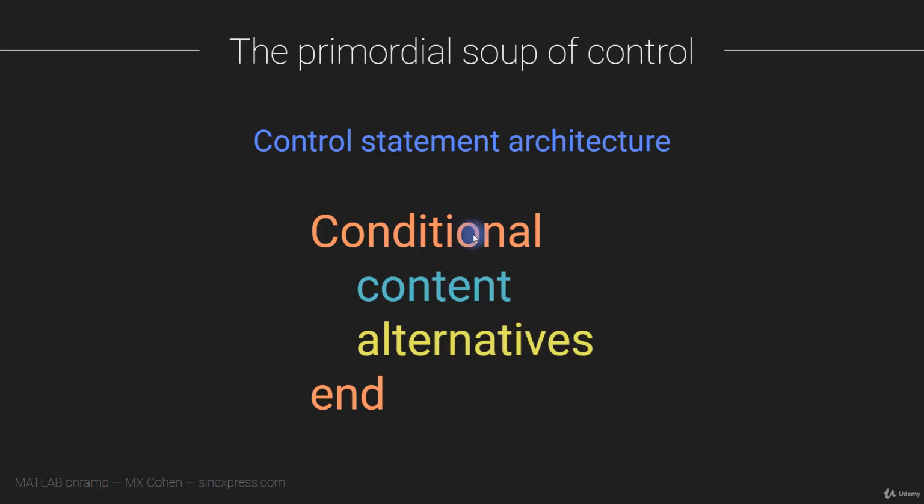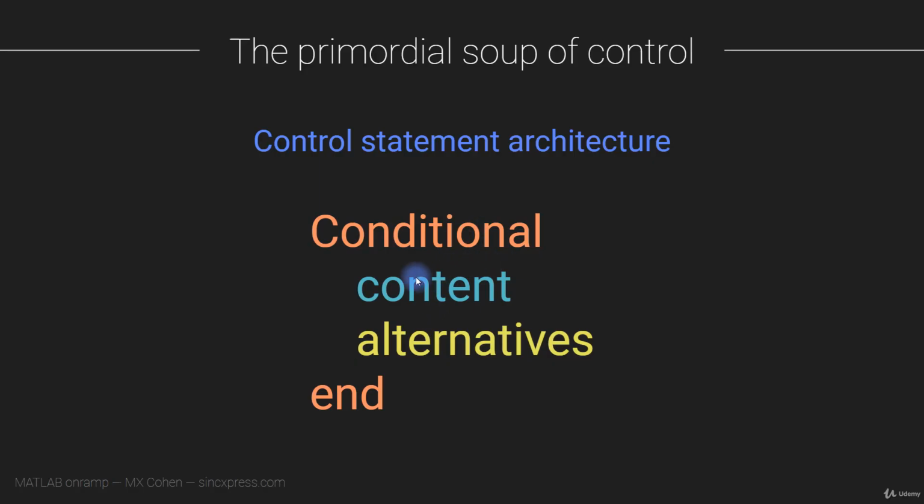Some control statements additionally have alternatives that would be run when this conditional is false. So when this conditional is true, this part of the code will be run and not this. And if this conditional is false, then this content is not run and the alternatives are run. And then we have an end statement that lets Matlab know that this control statement is finished.